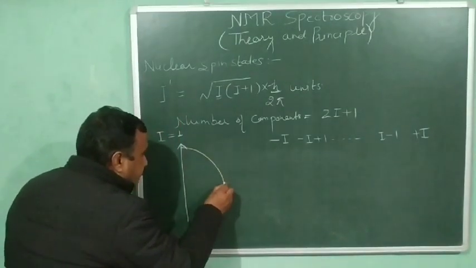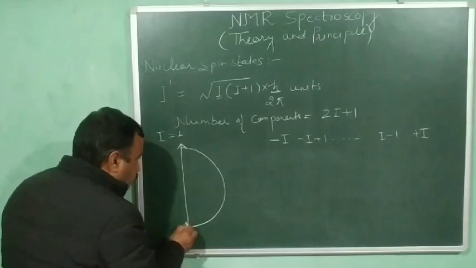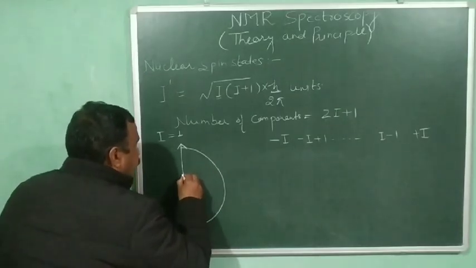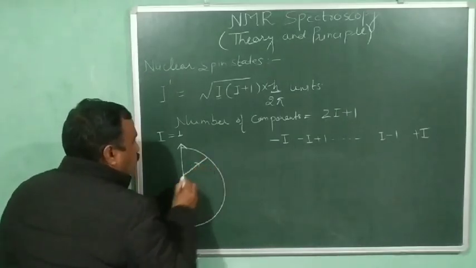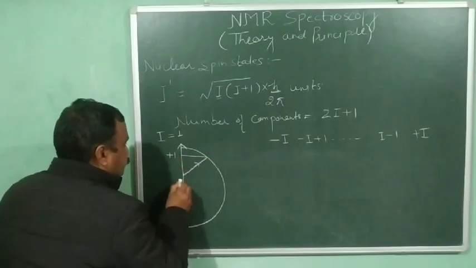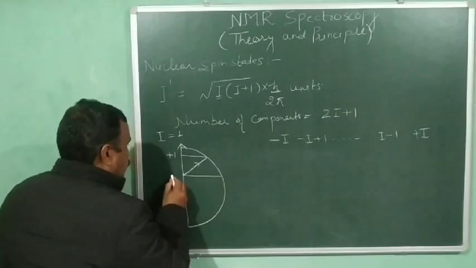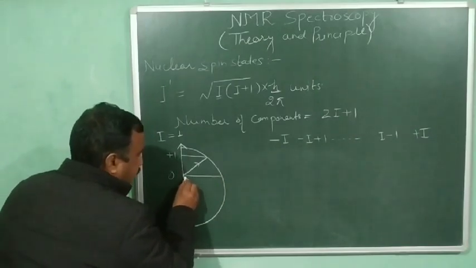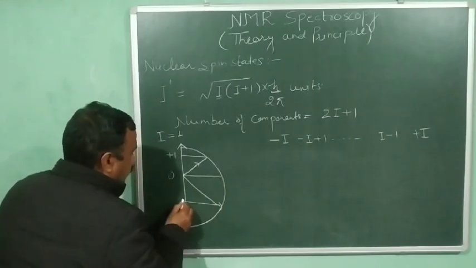This component is your +1, this component is your 0, and this component will be your -1.